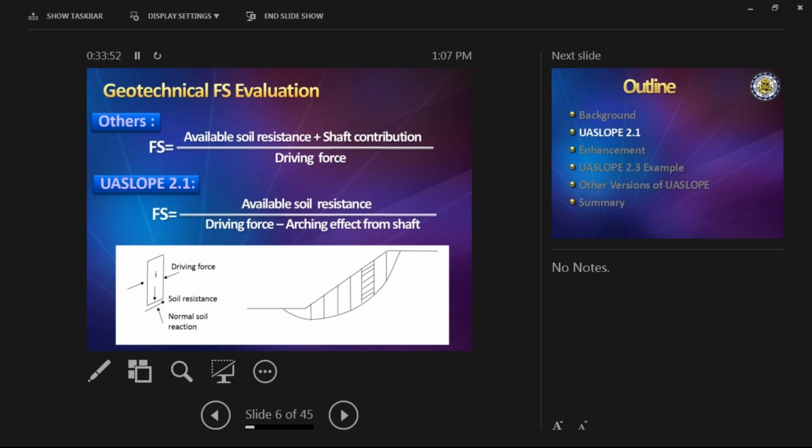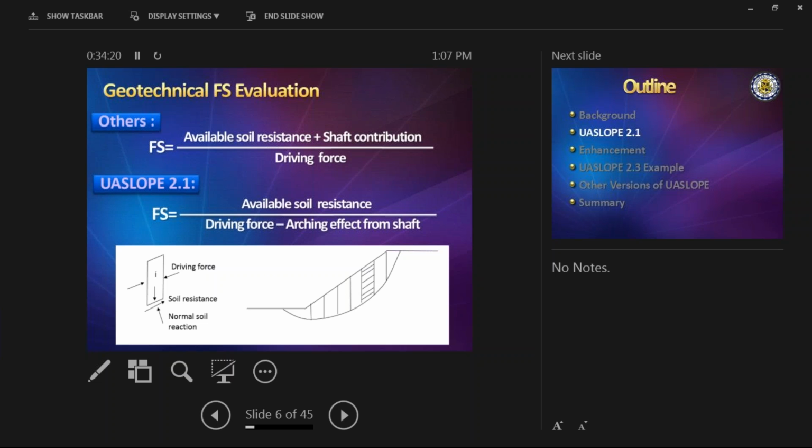The traditional way is shown on the top, which are labeled as others. Basically, when you evaluate the factor of safety of slope, we're looking at the strength available from soil mass, which is called the resistance available, and divided by the driving force, which is the gravity-induced force that's driving the soil mass downslope.